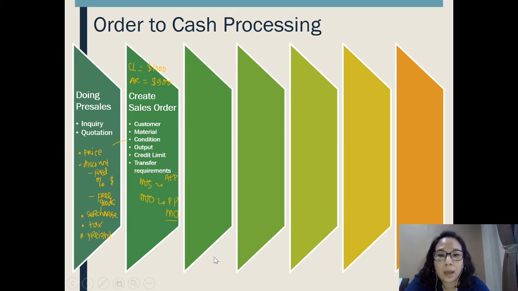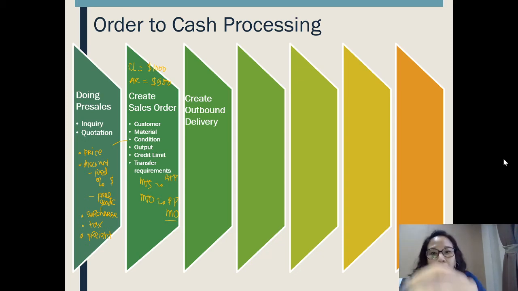Okay, and then the process will continue to create the outbound delivery. The outbound delivery is a request from the sales department to the warehouse department, saying that the warehouse department needs to send the goods to the customer.